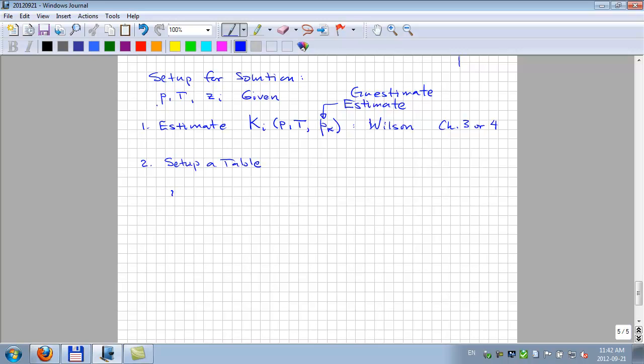So you set up the table with columns in Excel: you've got ZI, and then you have your KI. If you want to do it the 1949 way, you set up a set of CI, which you defined.